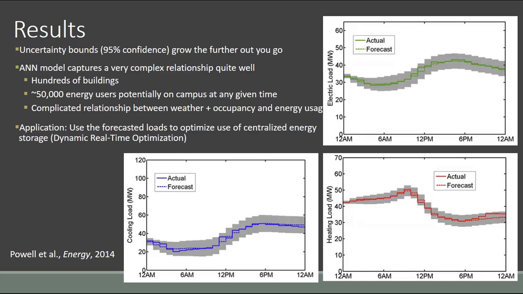So here you might want to store energy when your demand is lower so that you can extract that energy later when your demand is higher. So there are some really good applications of these forecasting models out in the real world, and this one was developed for a really practical purpose, and that was trying to save energy and trying to save money by proactively managing your energy based on this forecast.